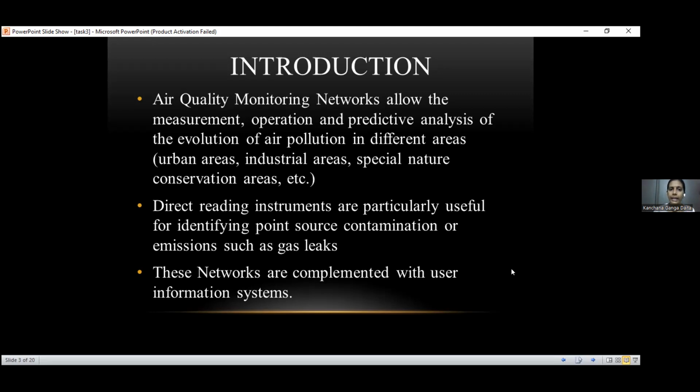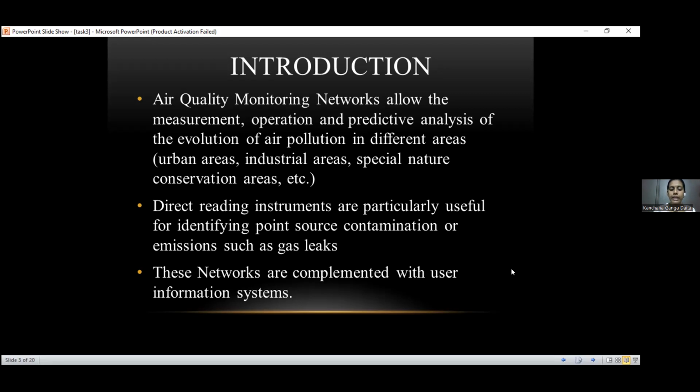Some are direct reading meters in which we can have a digital output like LCDs. On that, the exact data of particular air pollutants will be displayed, or else there are some output devices which we connect to the air quality monitoring system. That monitoring system will send the data to those output devices, and we can get the data from them. Also, to make it user friendly, these systems will be provided with user information systems.